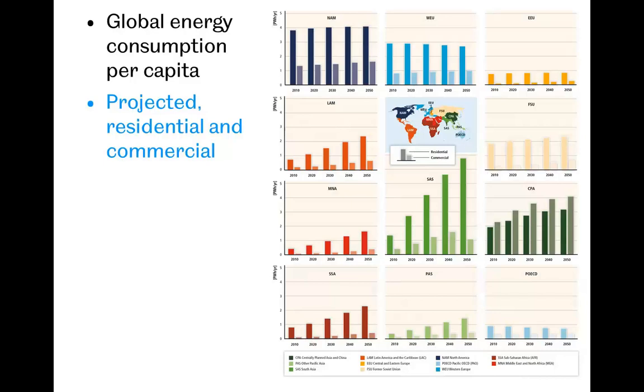This is the projected residential and commercial energy use. You can look at this in your own time, but looking across the different regions, some areas of the world are predicting a level consumption, and other areas are predicting increases.